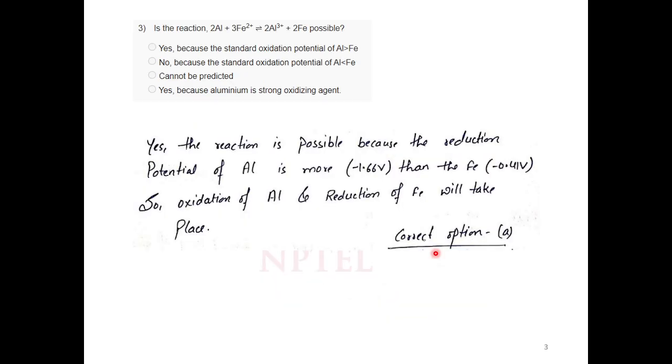And in the other one, aluminium goes to Al3 plus and Fe2 plus goes to Fe. The reaction is possible because the reduction potential of aluminium, minus 1.66 volt, is lower than iron, minus 0.41 volt. So oxidation of aluminium and reduction of iron will take place.